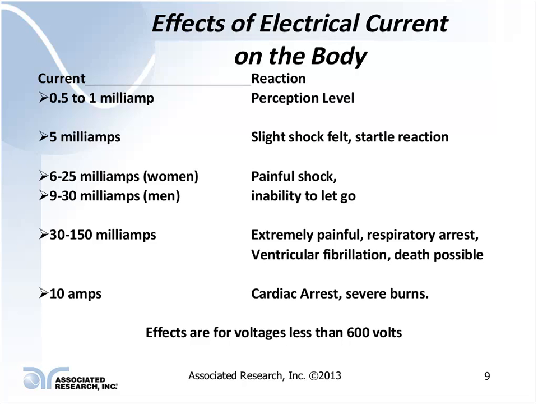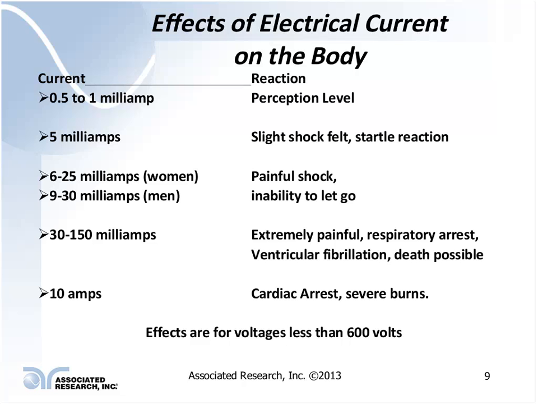When you start getting around 6 to 25 milliamps in women, it can create a painful shock and the inability to let go. In men, the threshold is usually a little higher, somewhere between 9 to 30 milliamps, where it can produce this inability to let go. 30 to 150 milliamps can cause your heart to go into fibrillation, resulting in possible death.